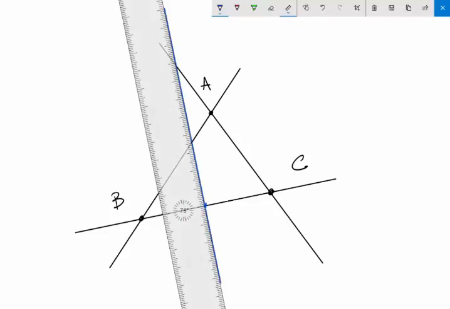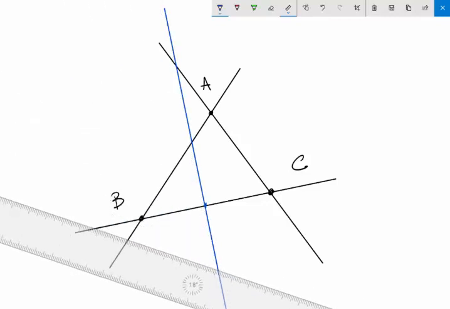Then this will be a perpendicular bisector, and let's say if this is about half.